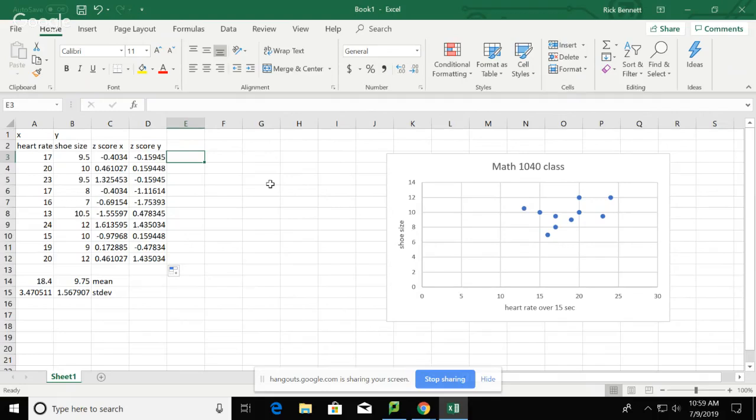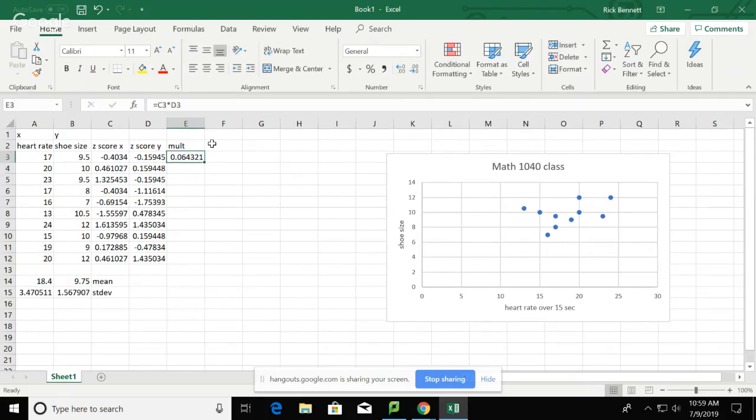Okay. So multiply. And how do I do that? What number am I multiplying? The two numbers. Did you click it? This one here times the next one. Oh, do I need to F4 those?